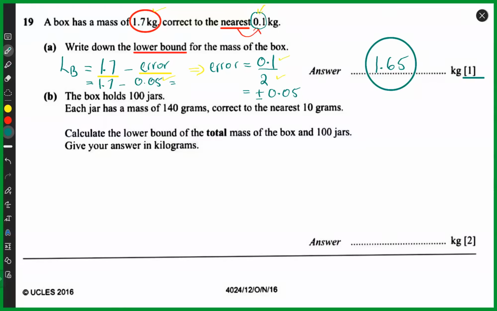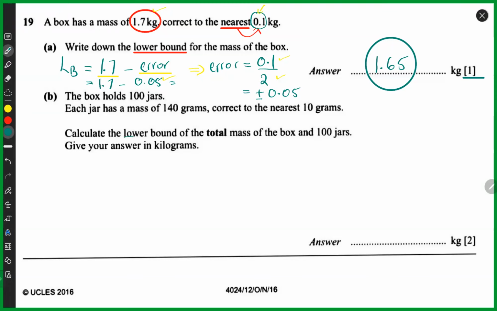Okay, let's talk about the next part now. The box holds 100 jars. Each jar has a mass of 140 grams, correct to the nearest 10 grams. Calculate the lower bound of the total mass of the box and 100 jars. Give your answer in kgs.